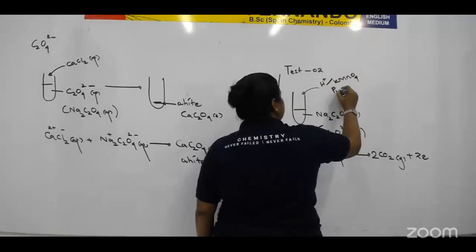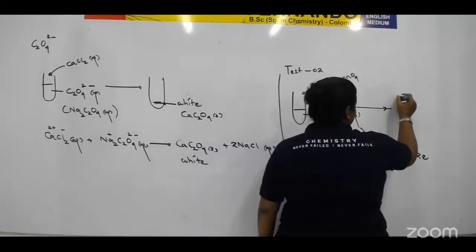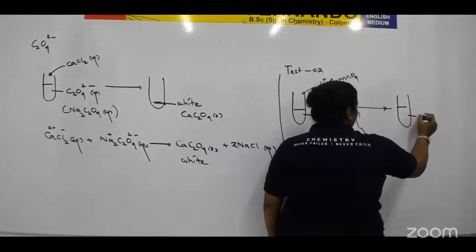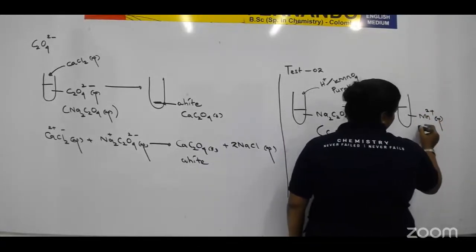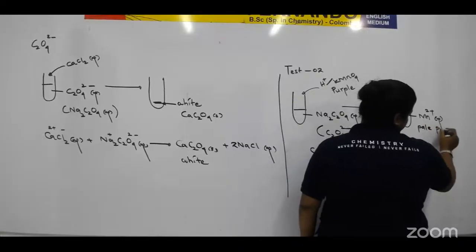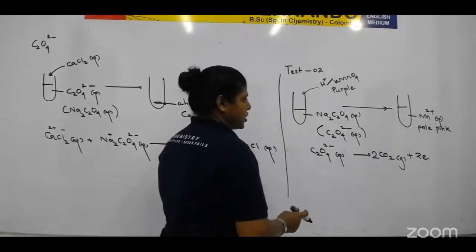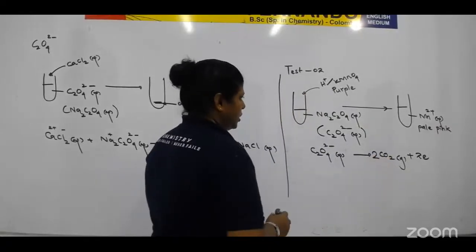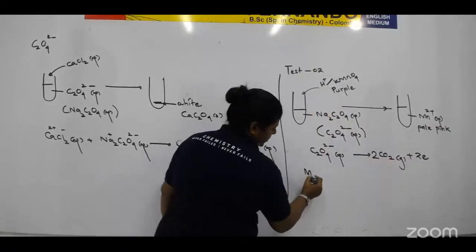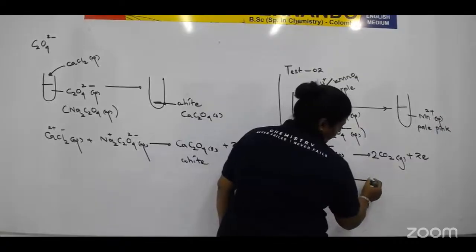The initial color of the acidified KMnO4 is purple. After the redox reaction is completed, we have a solution with a pale pink color, Mn2+. In addition to that, CO2 gas is evolved. So here MnO4- is reduced to Mn2+.